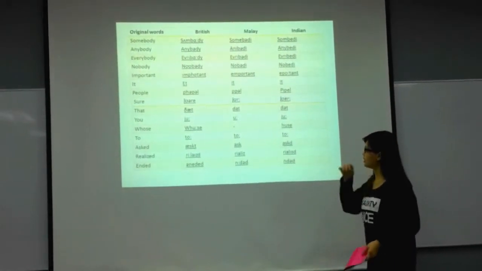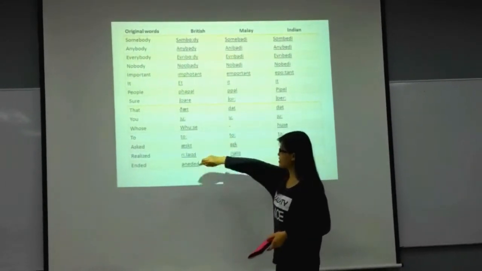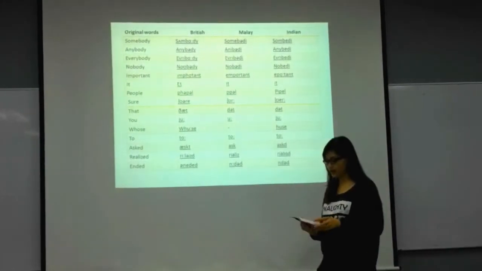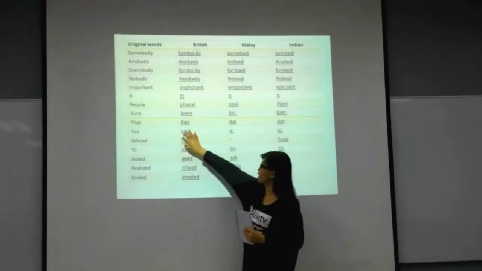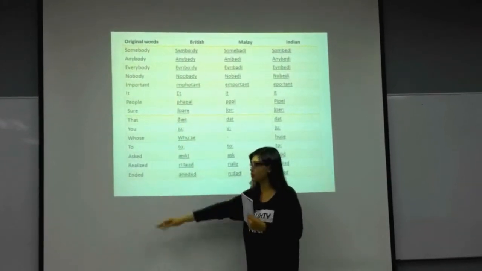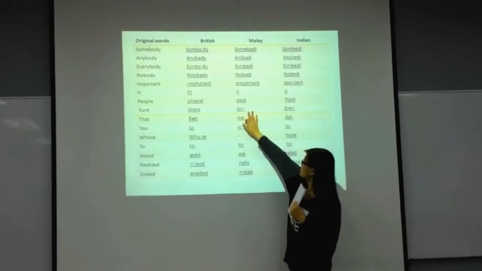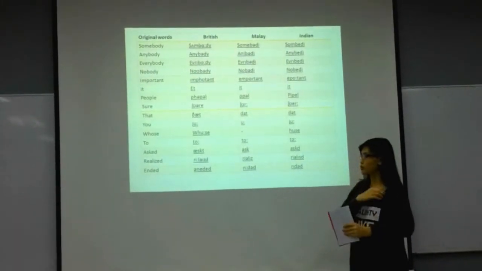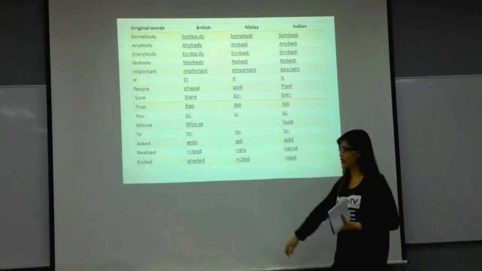And then the next one is "people". For the British guy, he'll say "people"; he will stress on the word hash itself. Meanwhile, the Malay girl pronounces it just like "people", so no stress on the word hash.